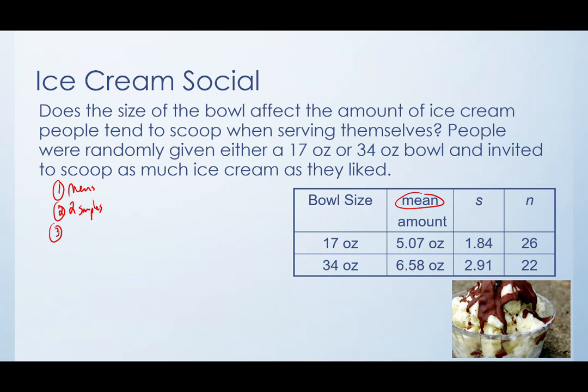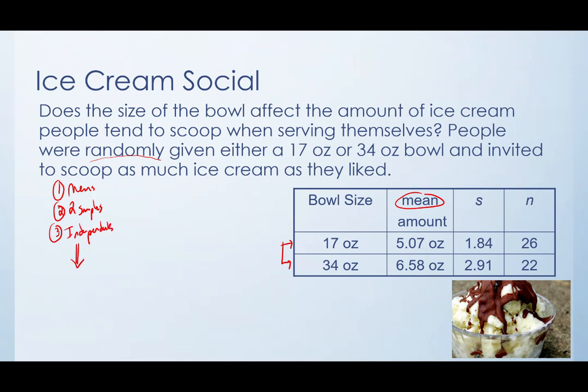And we also know that these two samples are independent because they were randomly assigned to the two groups, and there's no reason to suspect that there is a link between any one of the data values in the 17-ounce group and a particular data value in the 34-ounce group. Okay, so these are independent samples.